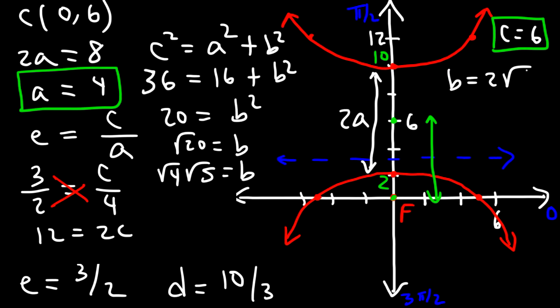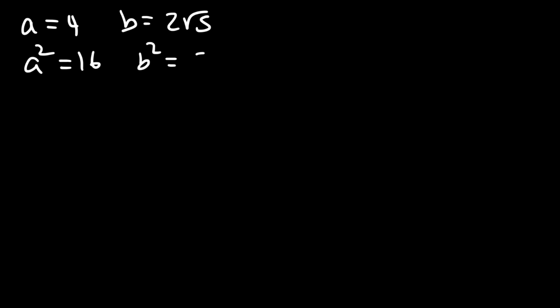So b is 2 square root 5. So we have a, b, and c. a is 4, b is 2 square root 5, a squared is 16, b squared is 20. And the center is 0, 6.